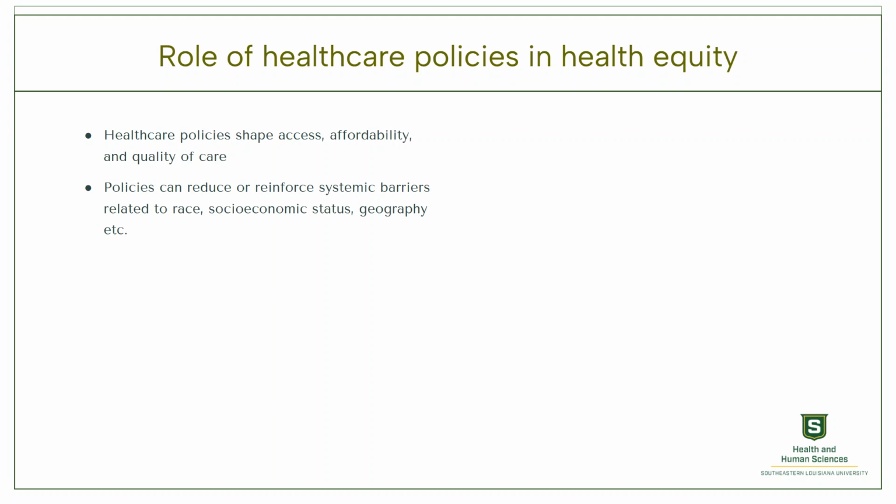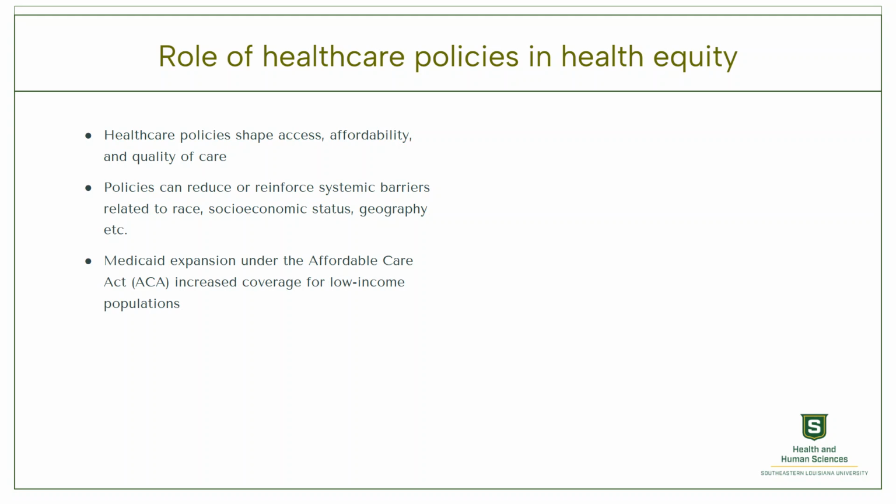So it's really important to look at policy from that angle, trying to understand how are all the ways that it can reduce systemic barriers, and how are some of the ways that it can also reinforce systemic barriers, whether intended or not intended. With policies, sometimes they have the intended positive consequences, but sometimes unintended negative consequences happen as a result of policies.